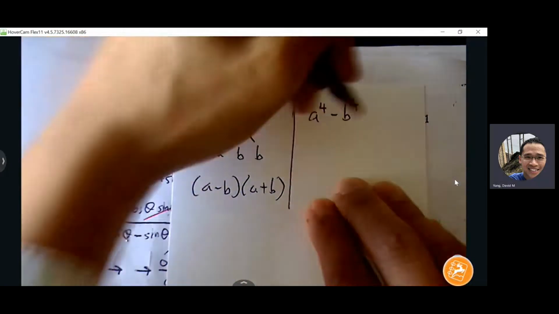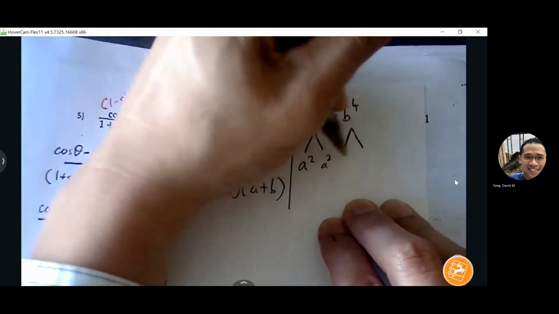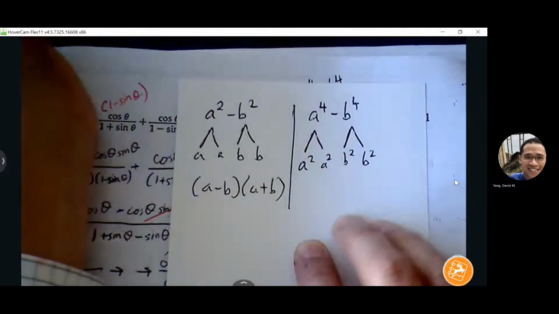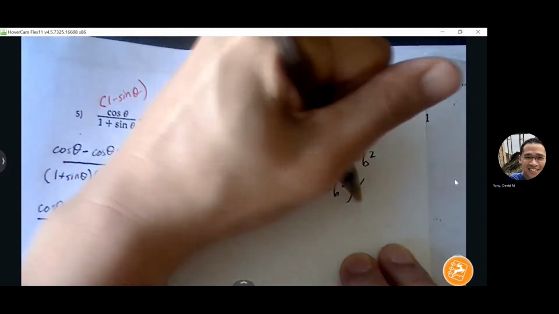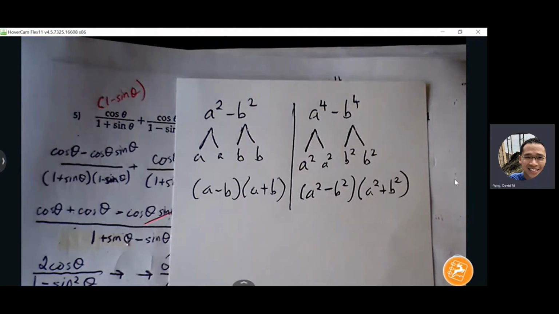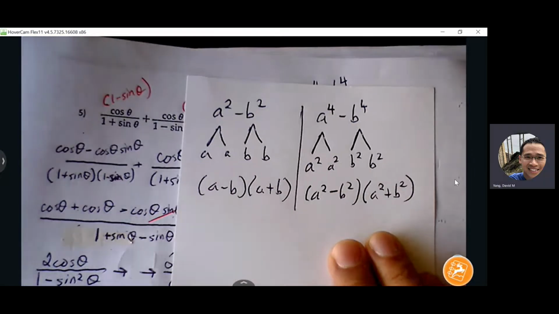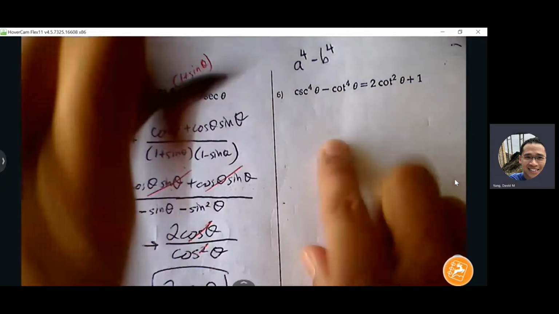All right. I can break them down into their square roots: a squared minus b squared, a squared plus b squared. Right. Difference of squares, just my powers are a little higher, but I'm still going through the same process. So can I do that same thing here?